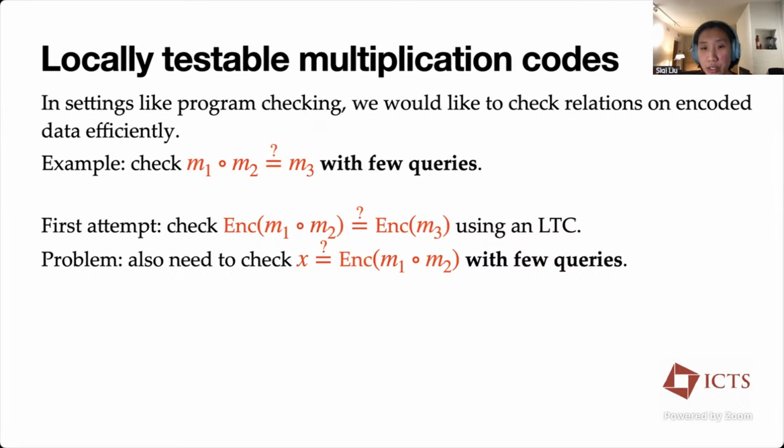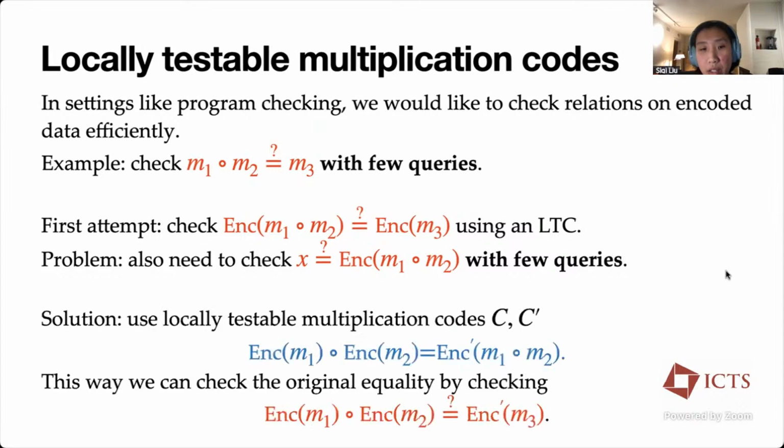After we make sure that's the case, we sample random coordinates in the code and check whether the two vectors agree on those coordinates. So checking equality we could already do, but that's not quite sufficient because we would additionally need to check that a given vector x is indeed the encoding of the entry-wise product of two vectors.